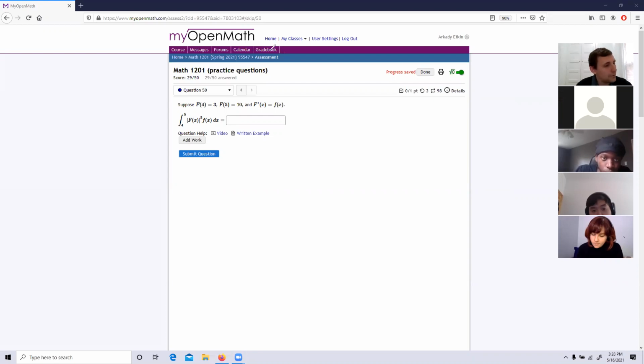So we just have 1/3 f(x) to the power of 3 evaluated from 4 to 5. And what do we know? It's this to the power of 3 minus this to the power of 3, divided by 3.